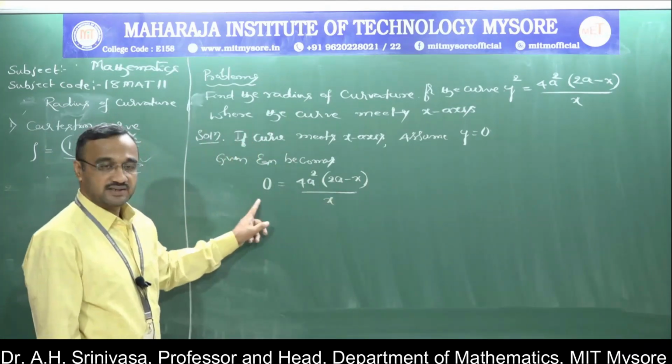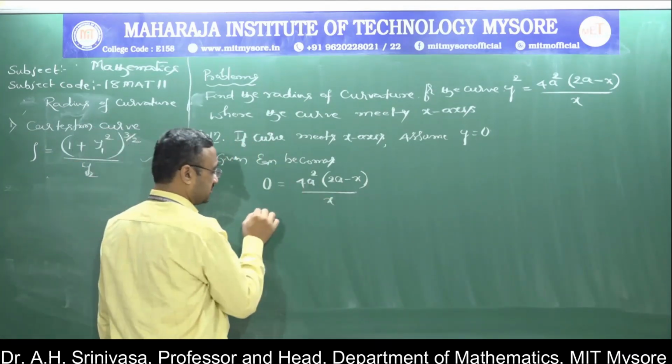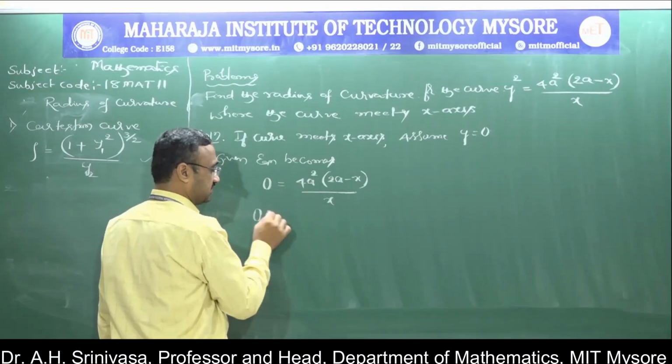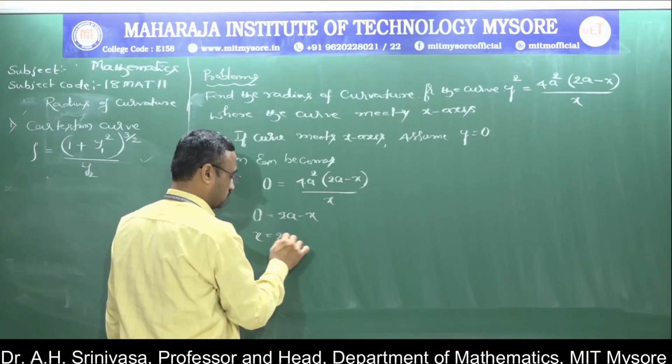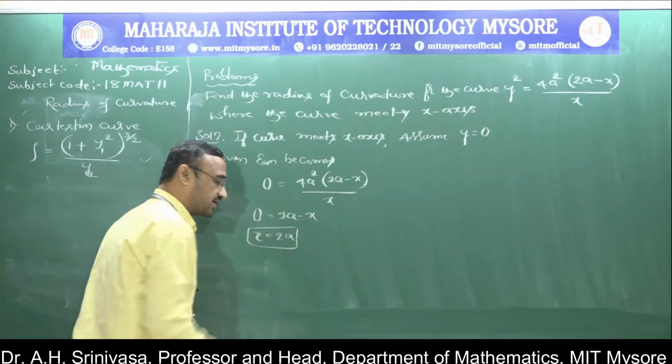If we make a cross multiplication or simplification work for this, 0 and this also comes here, we have 2a minus x, then we have x equal to 2a.